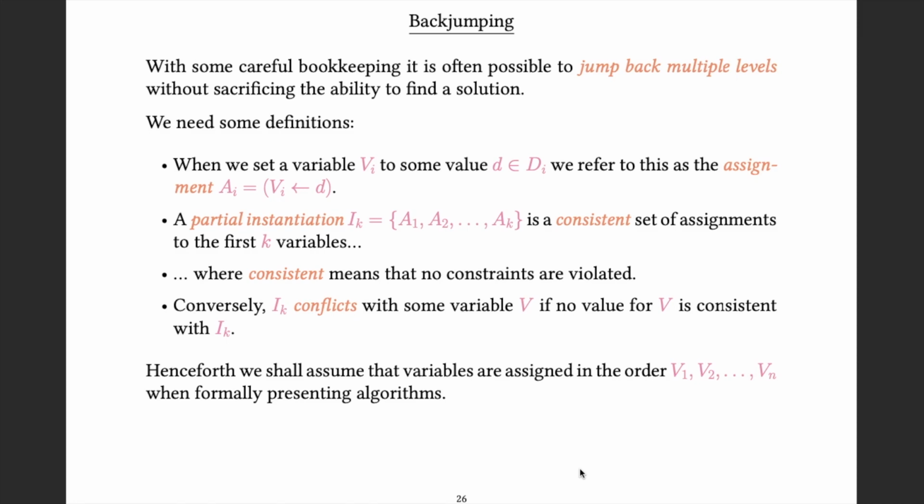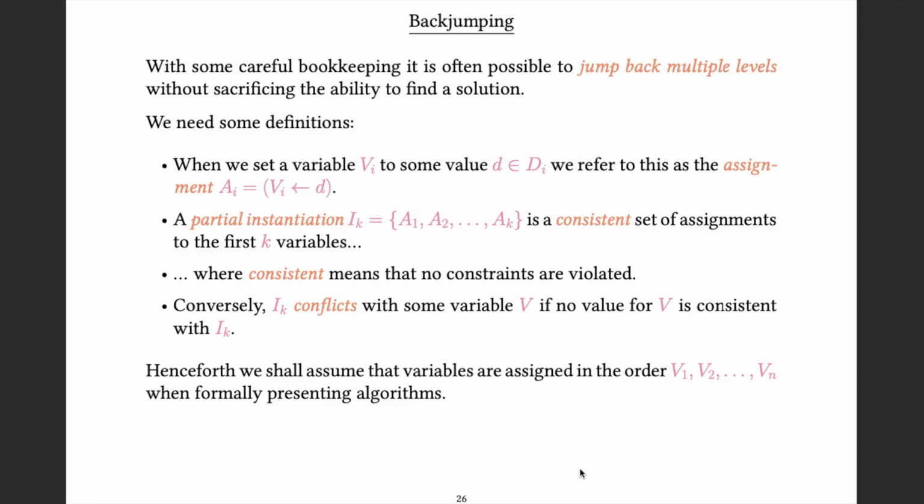The second point is that a partial instantiation is just a bunch of assignments that are consistent. When I say the first k variables here, I don't necessarily mean variables 1, 2, and so on up to k. What I mean is the first k variable assignments in whatever order we're making them.